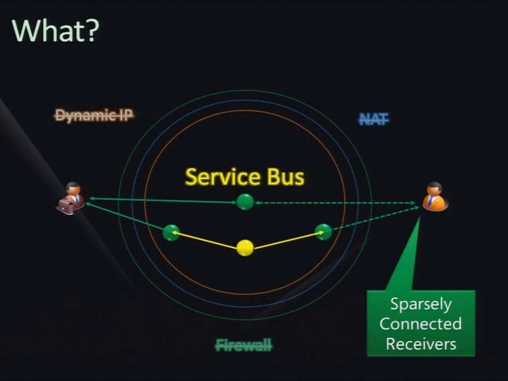In the queue, it's a pull model, which means the queue just sits there and you solicit those messages down. Should the connection break while you're pulling data from the queue, there's a mechanism for making that robust. So sparsely connected receivers, specifically for mobile and Wi-Fi scenarios, is something that we have squarely on the radar.